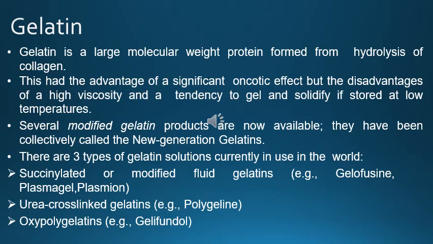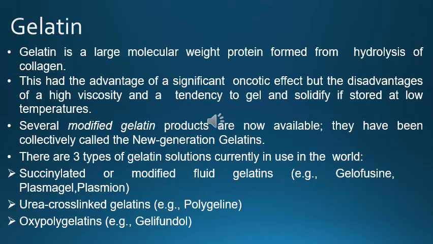Now this has an advantage of significant oncotic effect when it is injected, but has a disadvantage that it has high viscosity, and gelatin has a tendency to gel or solidify when it is stored at low temperature. So you cannot maintain the liquid consistency of the gelatin.